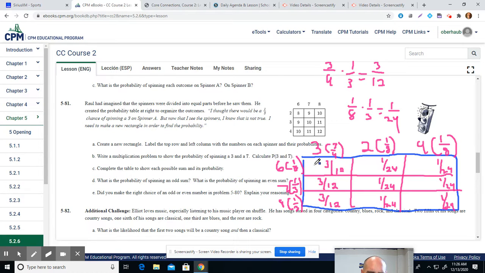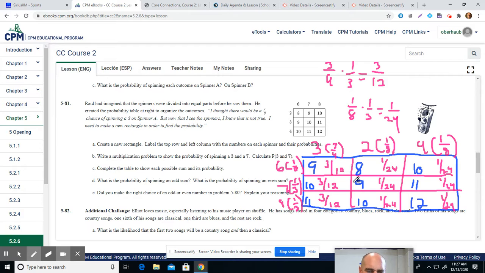Now I'm going to go back and add in what I would get. If I did this, I would have gotten a 9. This would have given me an 8, this a 10. Add these together, we would have gotten a 10, a 9, an 11, another 11, a 10, and a 12.